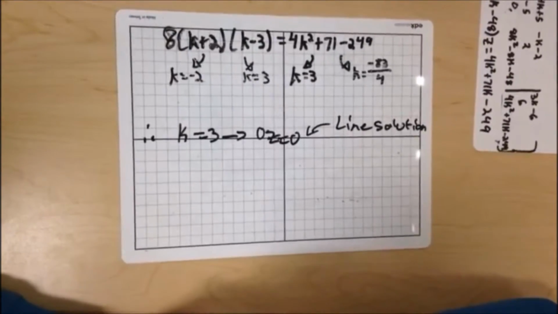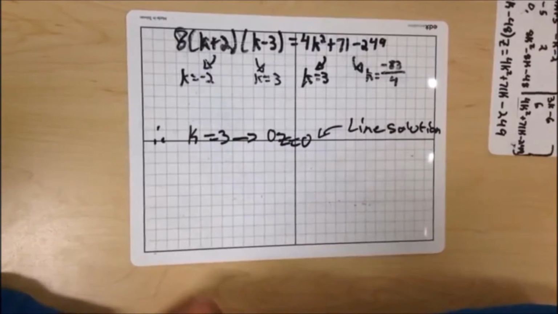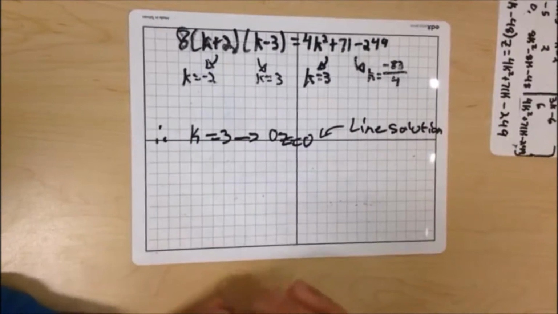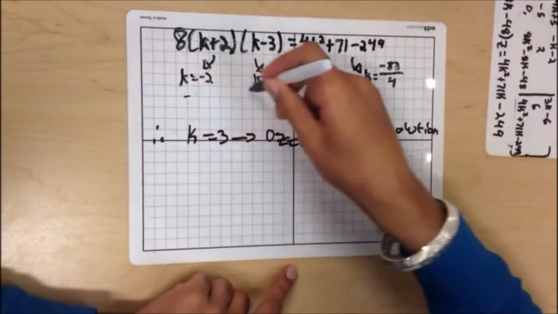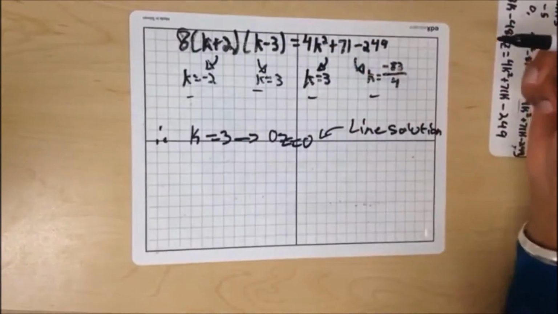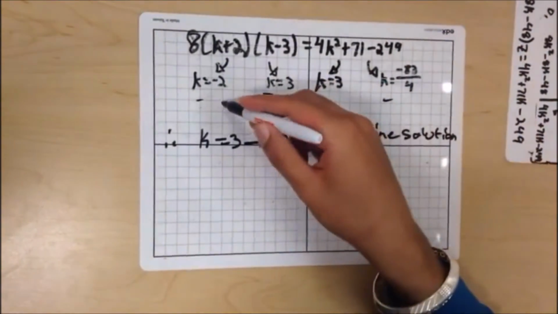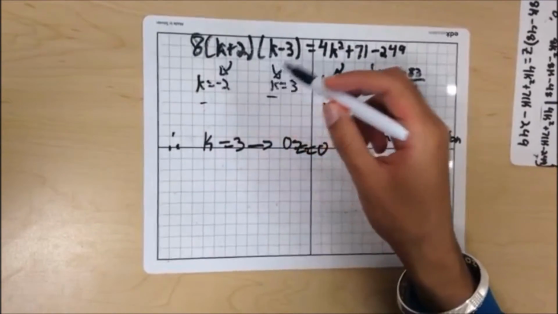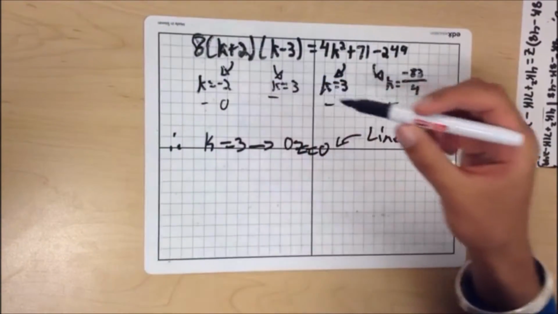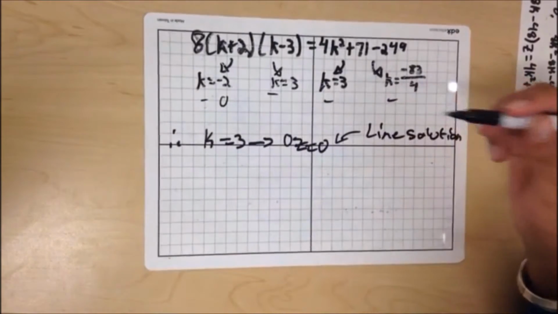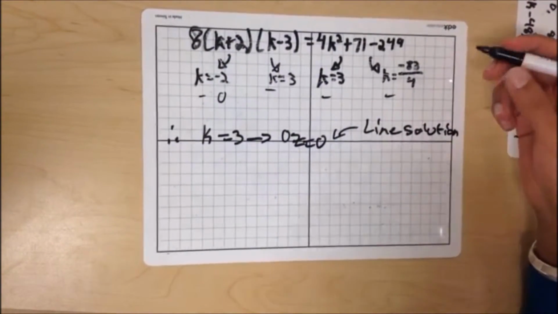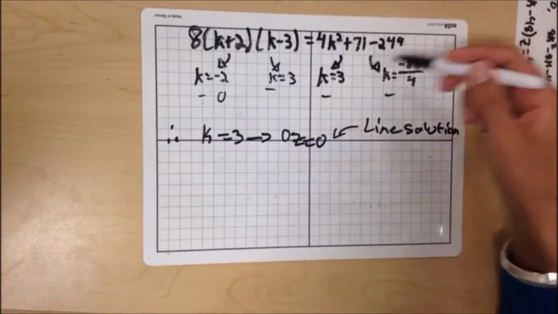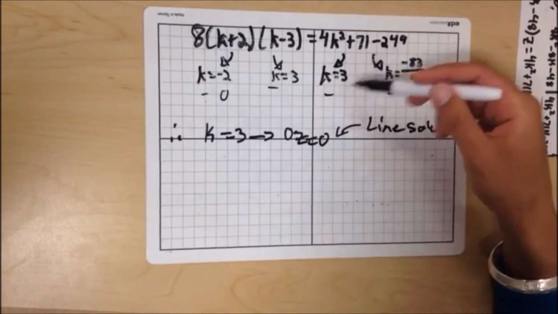Now we also know that when 0z can't equal 0, we get no solutions. So if we look back at our k values, for the left side we know that when k is equal to -2, the left side becomes 0, but the right side doesn't become 0 because the quadratic formula solution did not give us k equals -2.